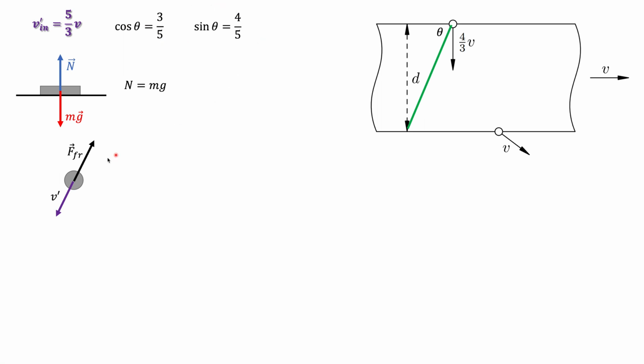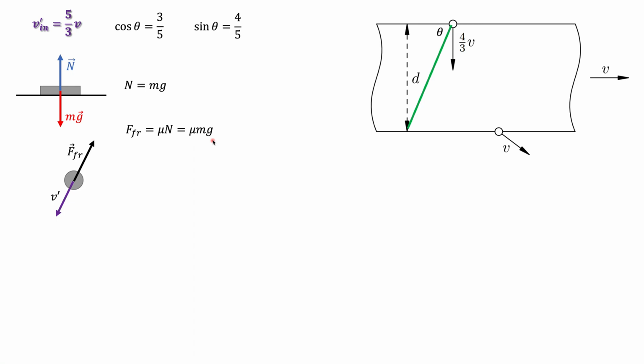Now, what about the friction force? As far as the magnitude of this friction force, since the object is moving on the paper, we are dealing with kinetic friction force. And kinetic friction force is proportional to the magnitude of the normal force. So friction force in magnitude is mu times n, where mu is the coefficient of friction, which we need to find. And since n is mg, we get mu mg.